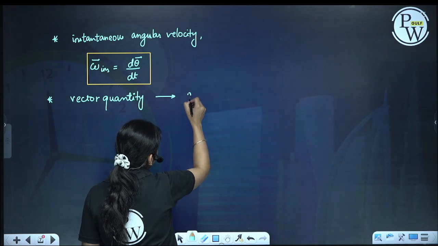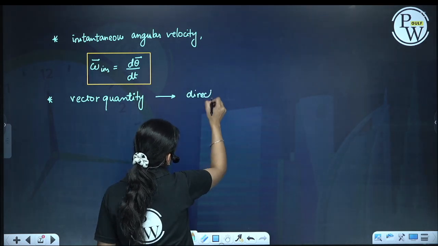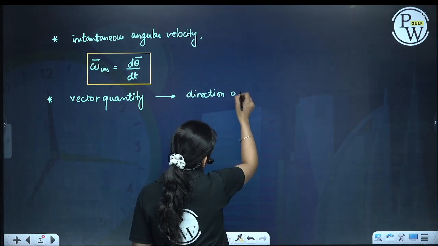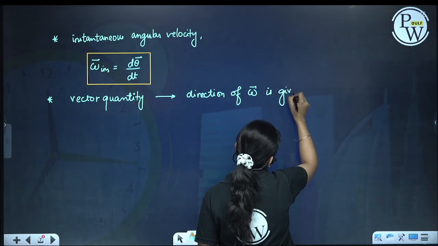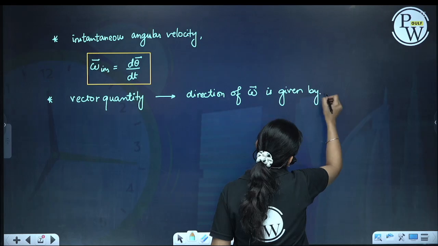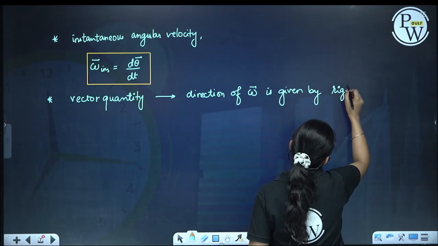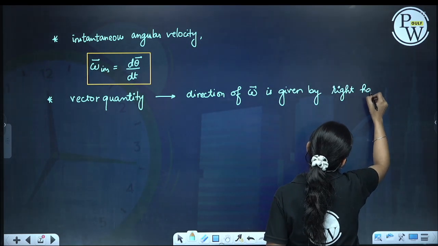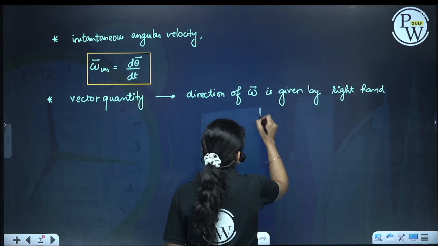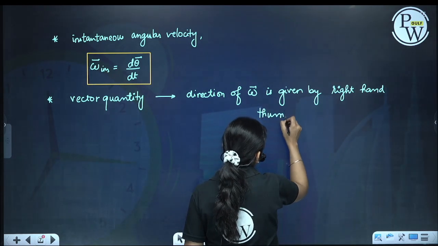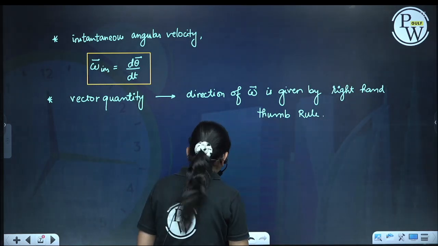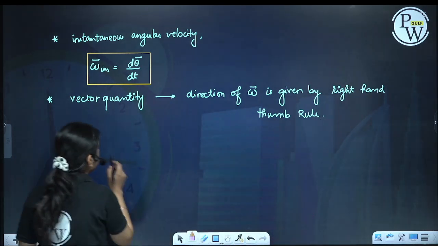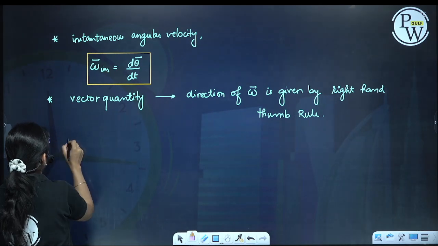Now how do we give the direction of omega? The direction of omega is given by the right hand thumb rule. Now what does the right hand thumb rule say?